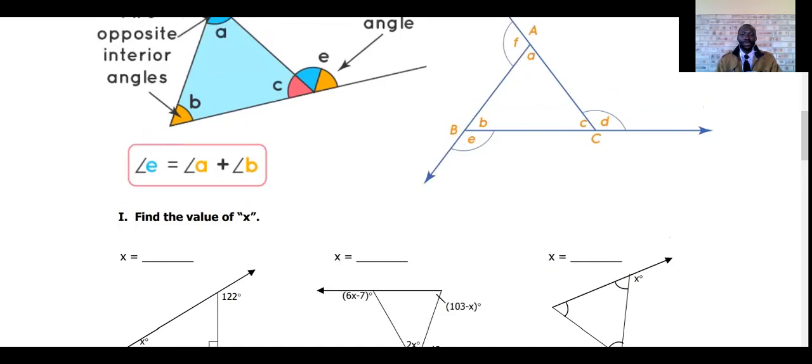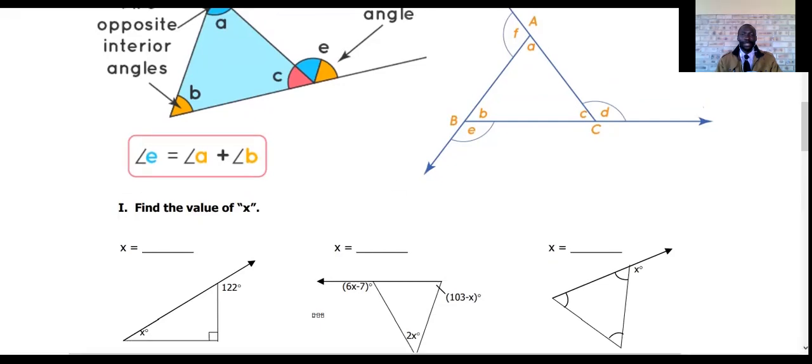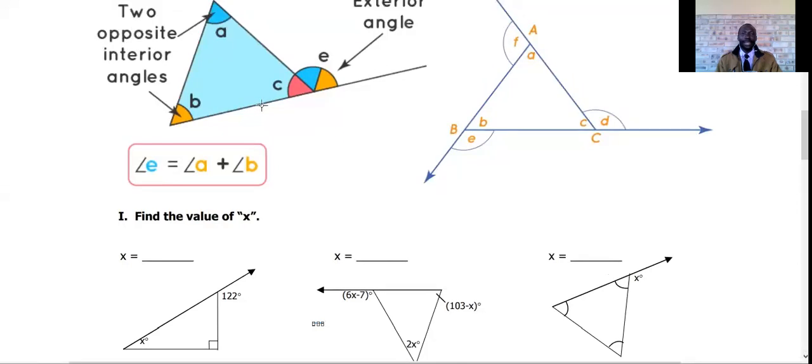Okay, just extending this a little bit. All right, so this is our original triangle. And we have seen that A plus B must give us E. That is, two interior angles when added must give us one opposite exterior angle.